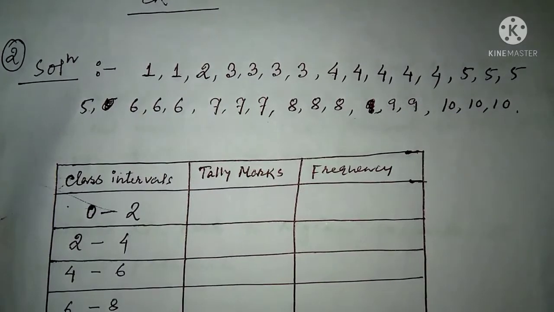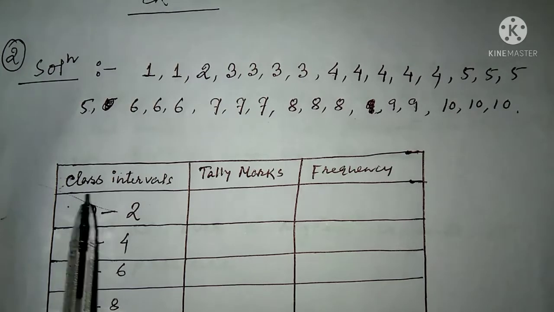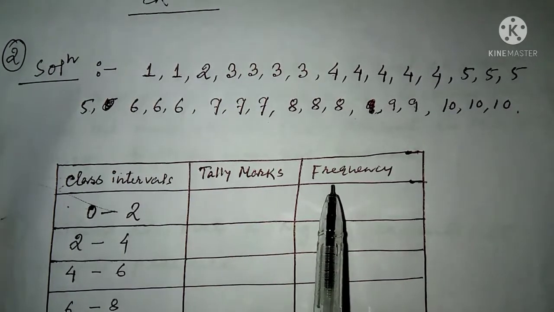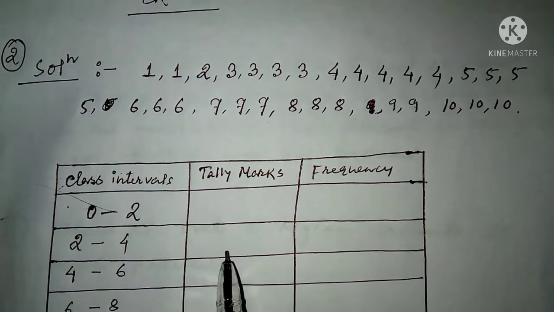In a frequency distribution table we need to write class intervals, then the tally marks and the frequency. In this question the tally mark is not that important, but I'll show you how to fill the tally mark section also. In one question I'll try to show you everything.